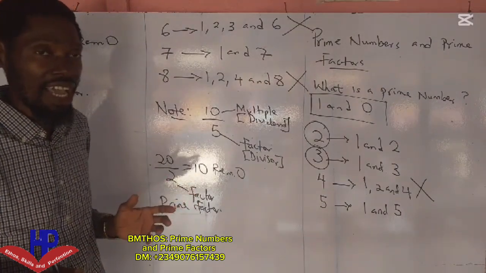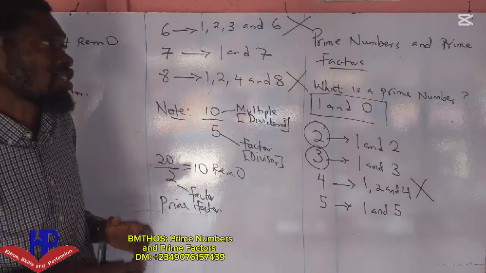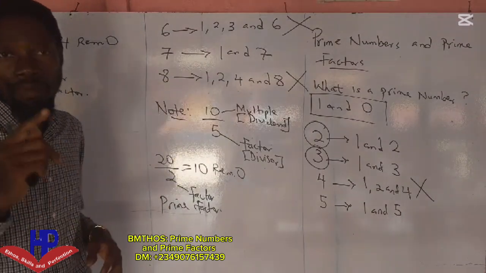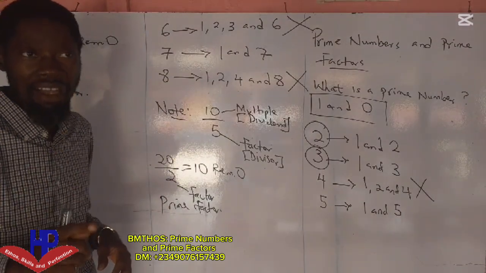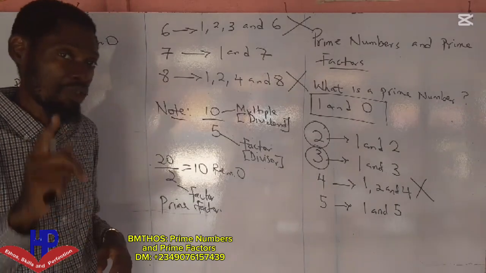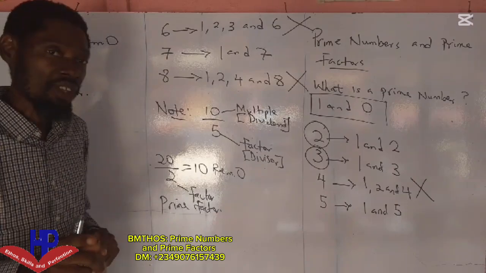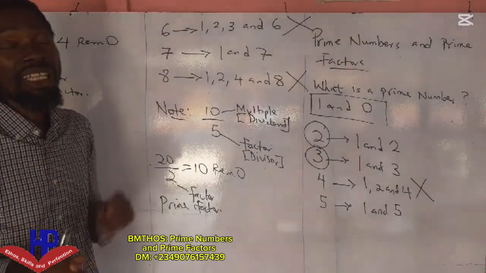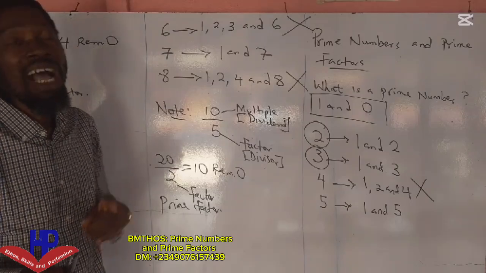Do you get this? So that you should understand, you should be able to differentiate between a prime number and a prime factor. A prime number is a number that has 1 and itself as the only possible divisors. A prime factor is that prime number that is used or that has become a factor to another number.